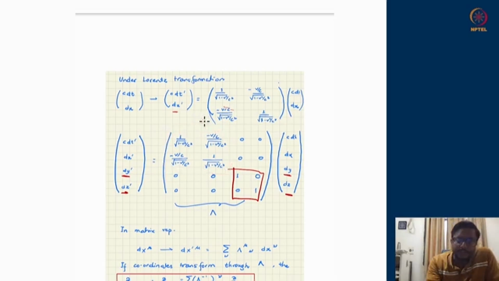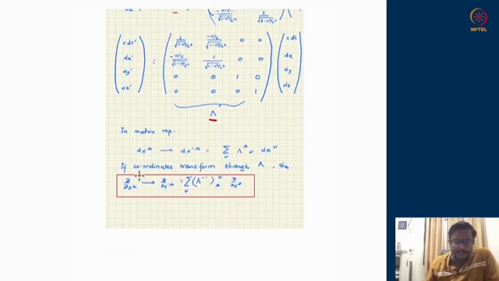So in 3 plus 1 dimension, this block diagonal matrix appears as the matrix of transformation, and we give it the name lambda. So coordinate differentials or vectors transform like lambda. This is the rule, that coordinate differentials will transform through the matrix lambda.